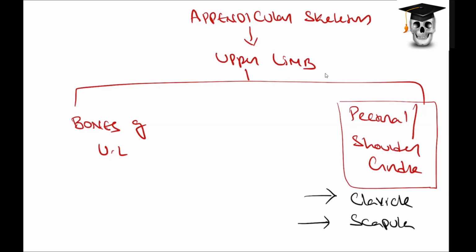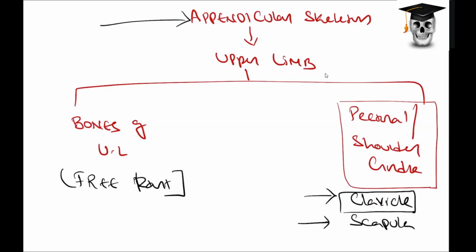The clavicle is a very crucial bone, because this is the bone which connects your free limb. So the free part of the upper limb is connected to the axial skeleton, and this connection is your clavicle. You agree with this statement?